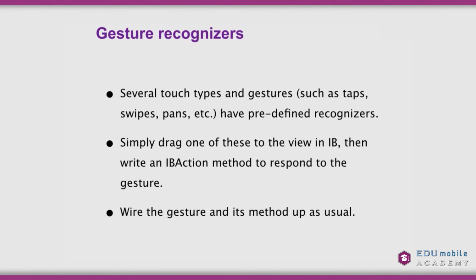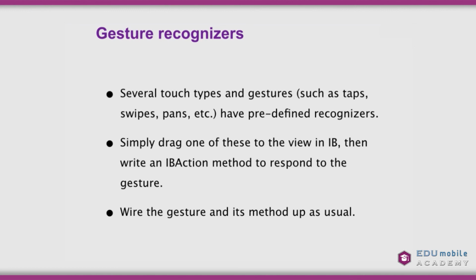Finally, several types of touches have been called gestures by Apple. We have shakes, or bad example, sorry, that's a motion event. But we have taps, swipes, pans, rotations, pinch gestures and things like that. These have been wrapped up and given predefined recognizers. These gesture recognizers are available when we design our user interface in Interface Builder.